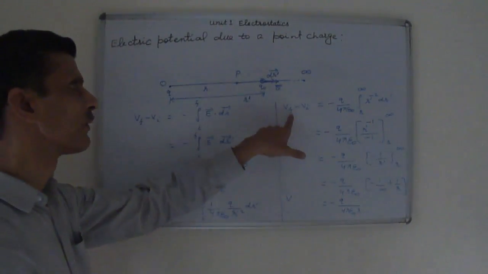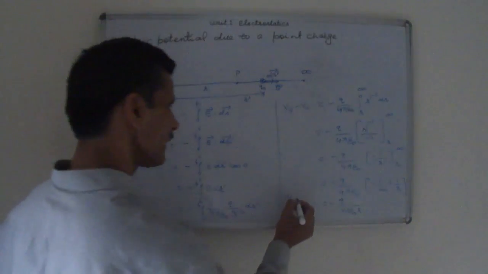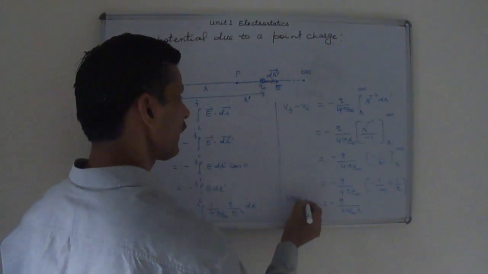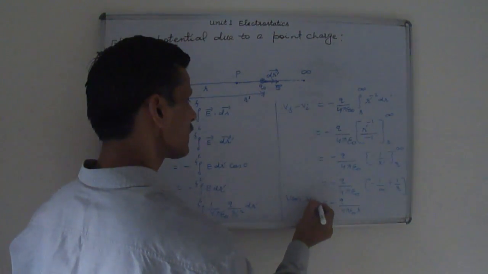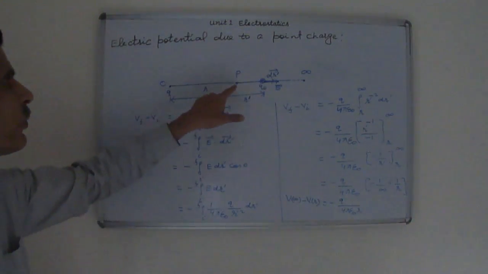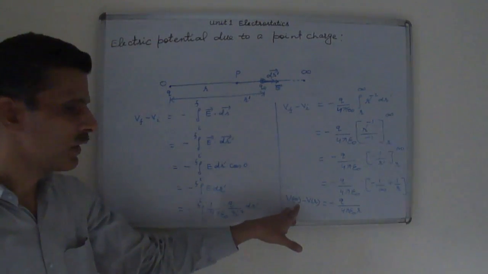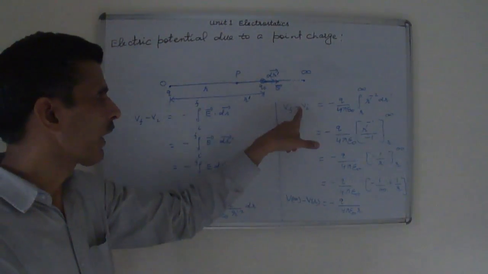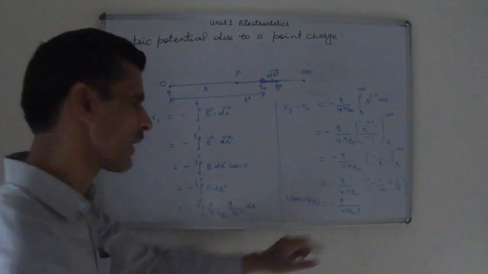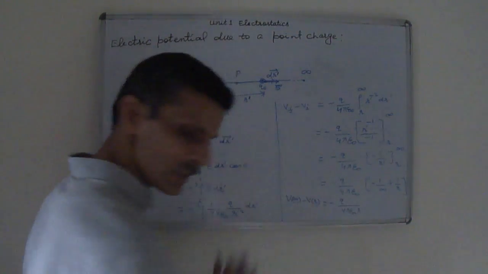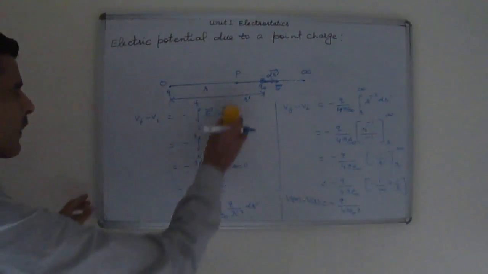Now here Vf, f means infinity, and Vi, i means the point which is at r distance. So we can write Vf is equal to V infinity and Vi is equal to Vr. So this relation we have.